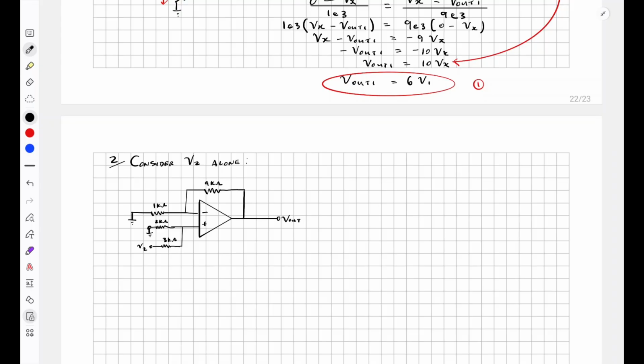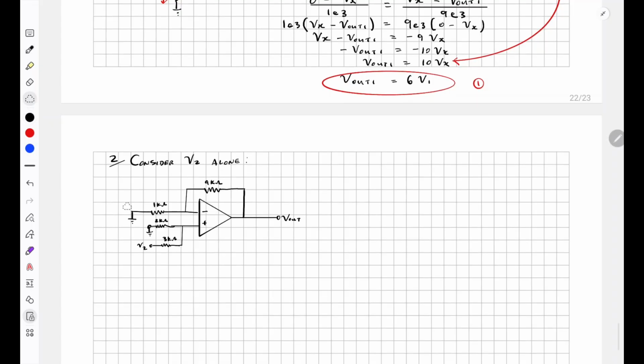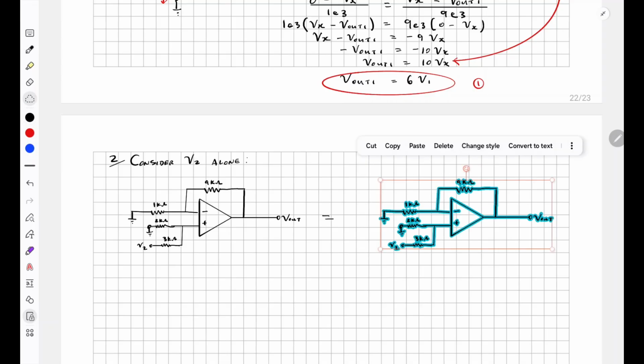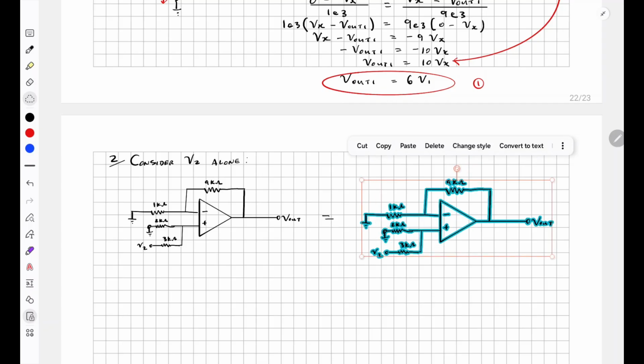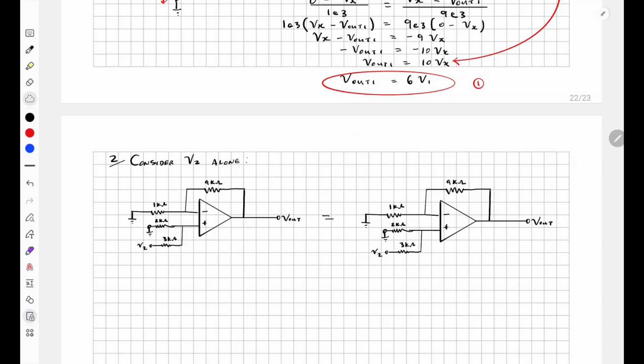So let me just rewrite this circuit to be a little bit more nicely oriented. I'm going to flip the orientation here, so it will be the same circuit, just more clear.